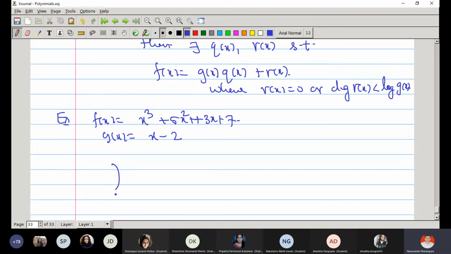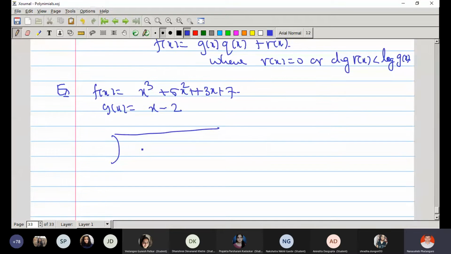So f of x means x cube plus 5x square plus 3x plus 7 and x minus 2. So what is the quotient now? X square. x cube minus 2x square, change the sign, then 0. So here 7x square plus 3x plus 7.